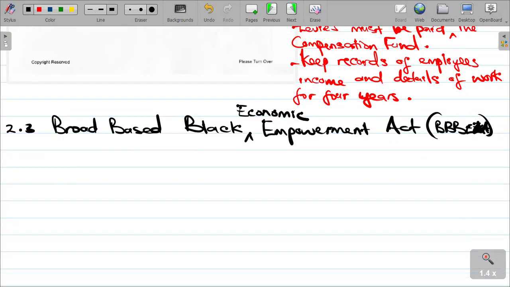So let's move on to the impact of this act, the impact of the BBBEE Act, right?